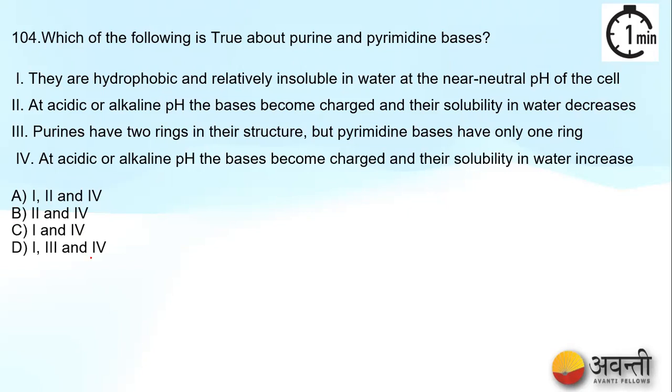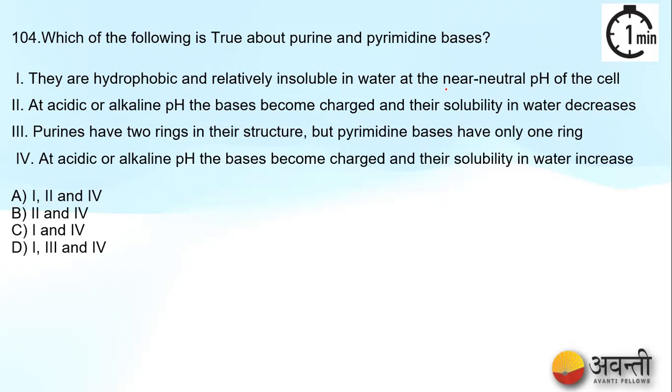So when we look at this question, let us see which of the following is true with respect to purine and pyrimidine. Let us look at the first option: they are hydrophobic and relatively insoluble in water. What we're talking about here is purines and pyrimidines, that is adenine, guanine, cytosine, and thymine, which are the nitrogenous bases that we see in DNA.